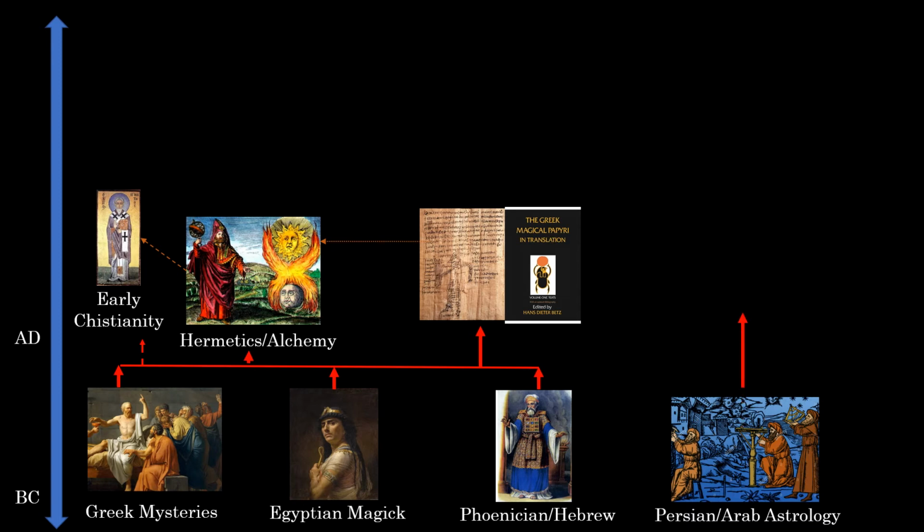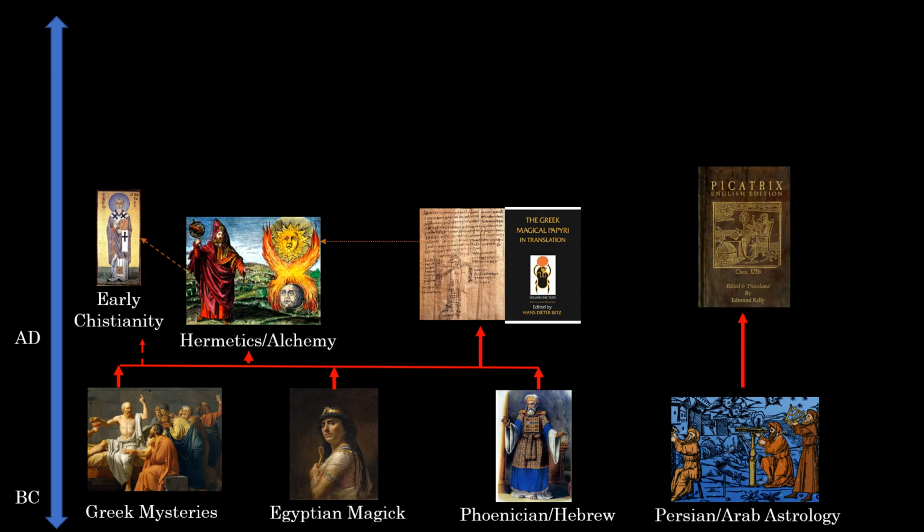From the Persian and Arab side, as I said, they had a little bit of a different evolution, although somehow, of course, they blended together. But in many parts, the Persian and Arab astrology took its own route and evolved in its own way. And we can see this evolution written in the Picatrix, which is a book that was translated around the 1200s, and we can see how astrology was so different from what it is today.